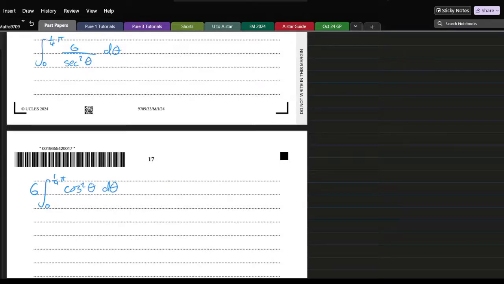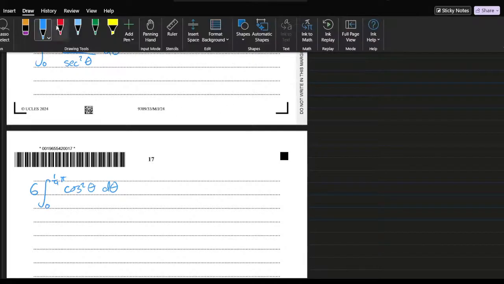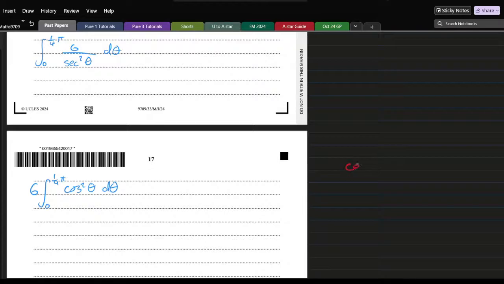But anyways, the point is we can use the identity, the double angle formula for cos 2 theta. Cos 2 theta is identical to 2 cos squared theta minus 1. We don't know how to integrate cos squared theta, or at least it's too complicated to carry out, so we want to simplify and get an expression for cos squared theta in terms of cos 2 theta.